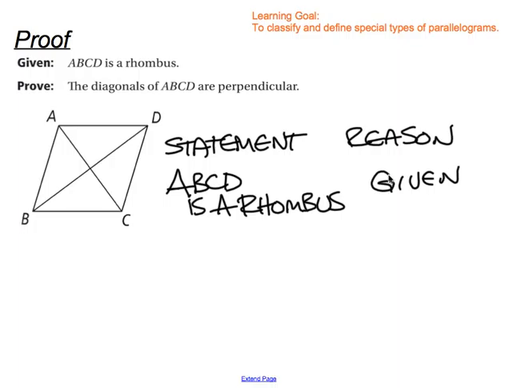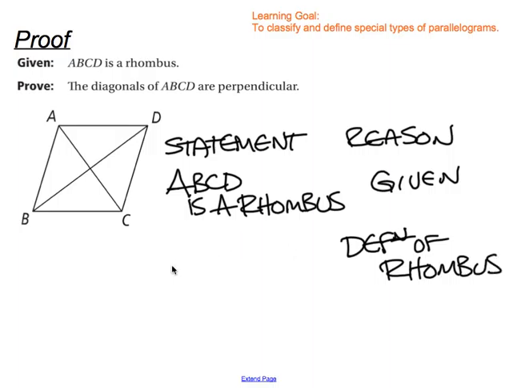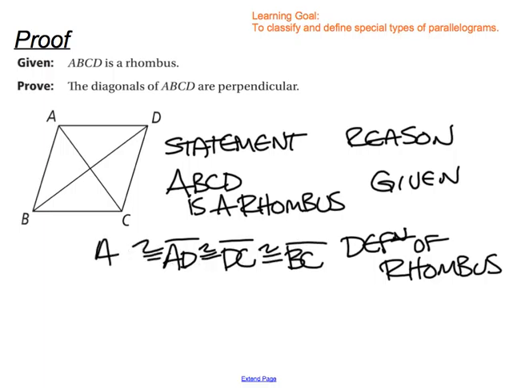By the definition of a rhombus, we know that all of its sides have to be congruent. So let's go ahead and mark that in our diagram.